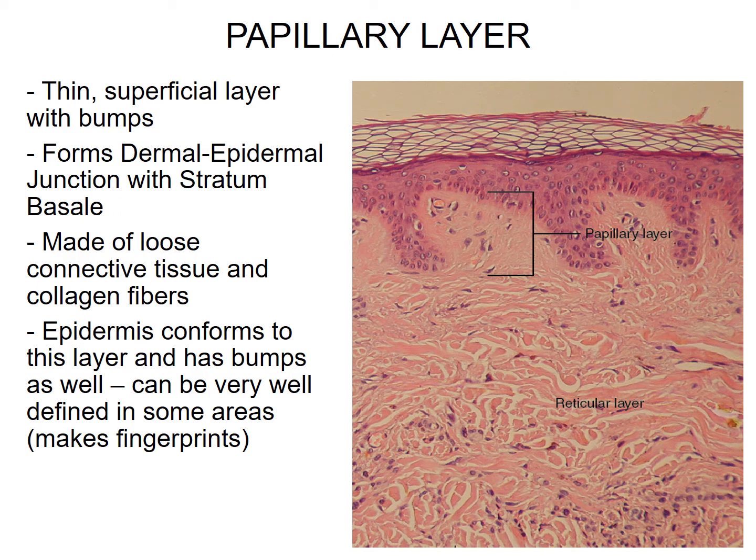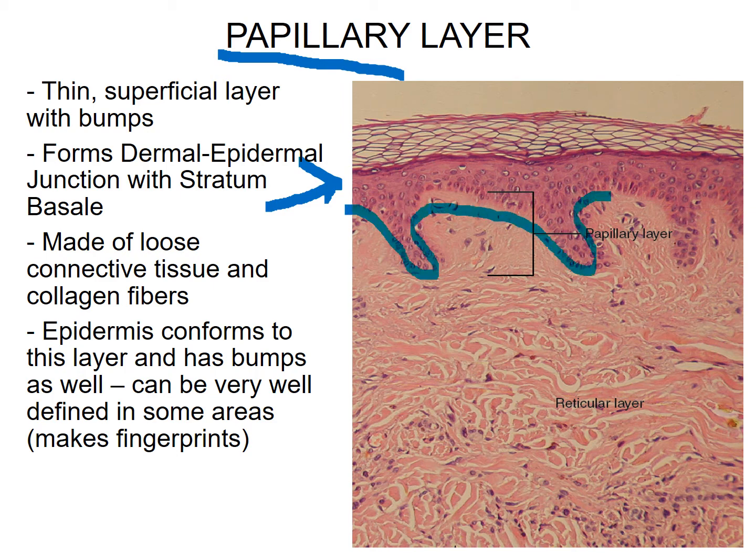The first layer or superficial layer of the dermis is called the papillary layer, and as I mentioned, this is by far the smallest layer. What we're looking at here is a picture of the skin, and that blue area here, this is the epidermis. Okay, and I'm drawing the basement membrane right here.